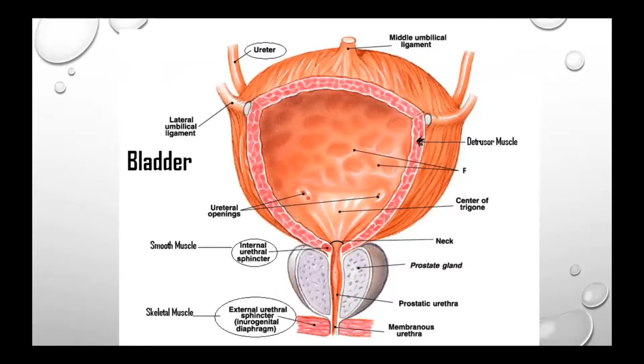So the mucosal folds are absent in this triangular area present towards the base of the urinary bladder.